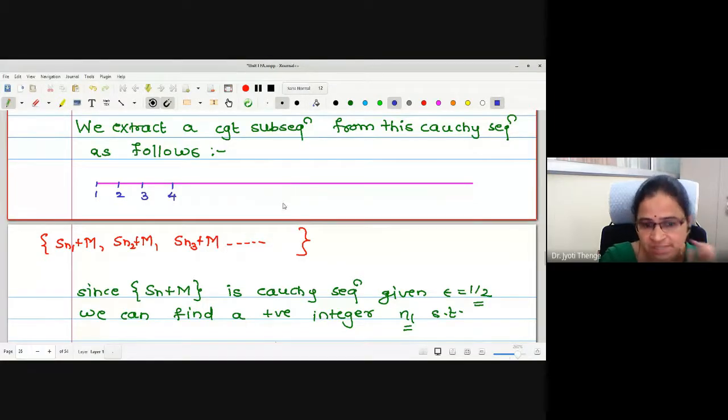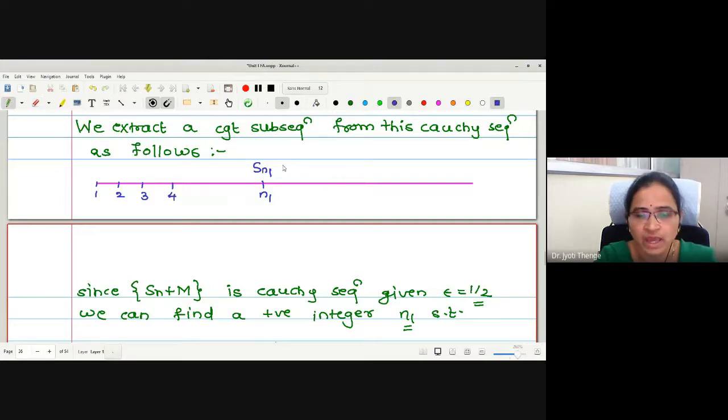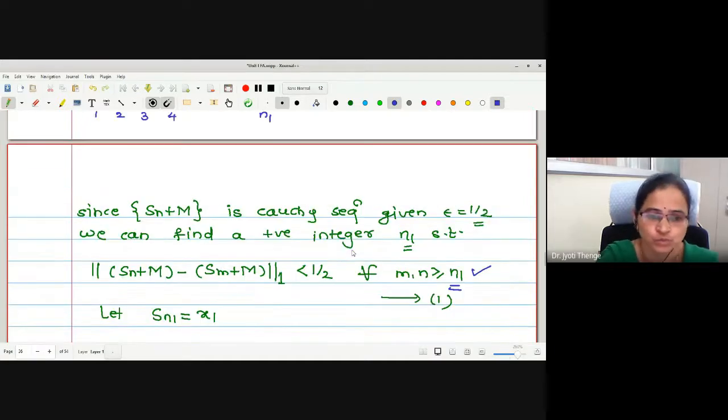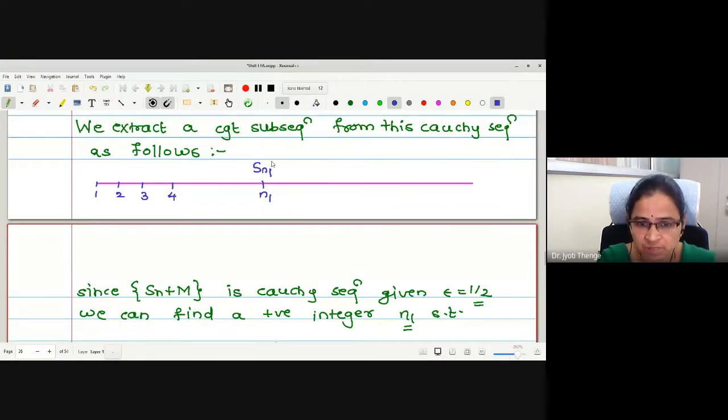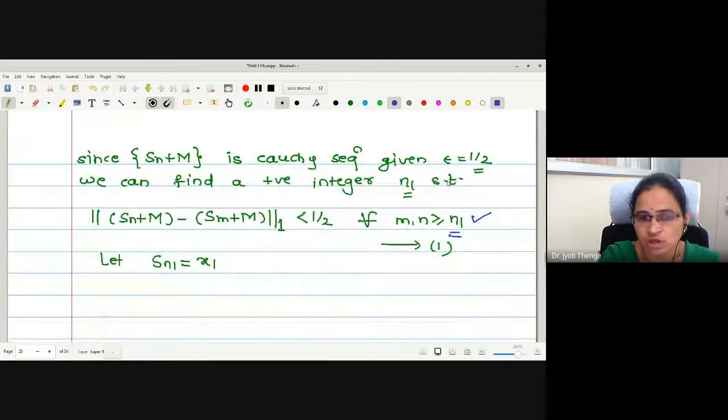There exists a stage n1, and the element here is Sn1. This is the stage n1 after which statement number 1 is true. Whatever is this first element we were getting, let me call it x1. And this we have obtained for epsilon equal to half.